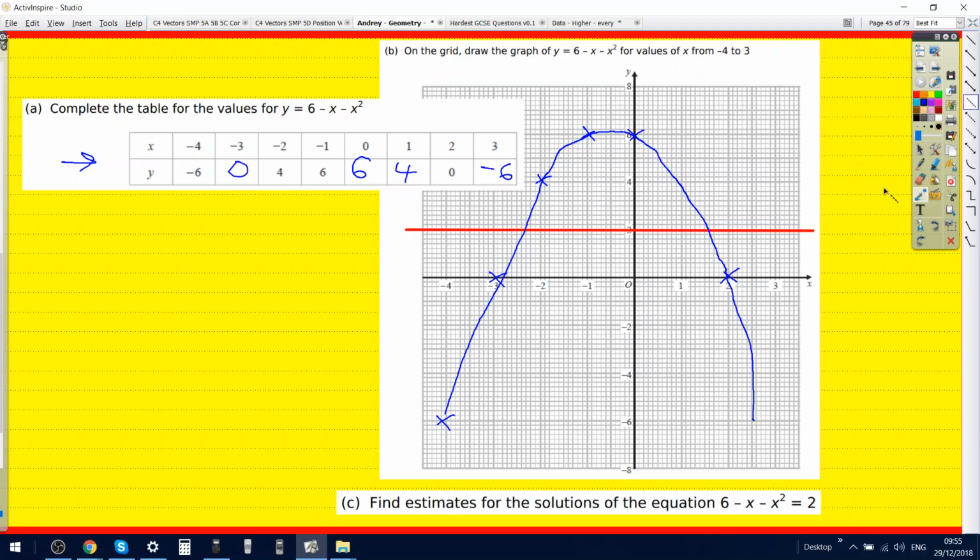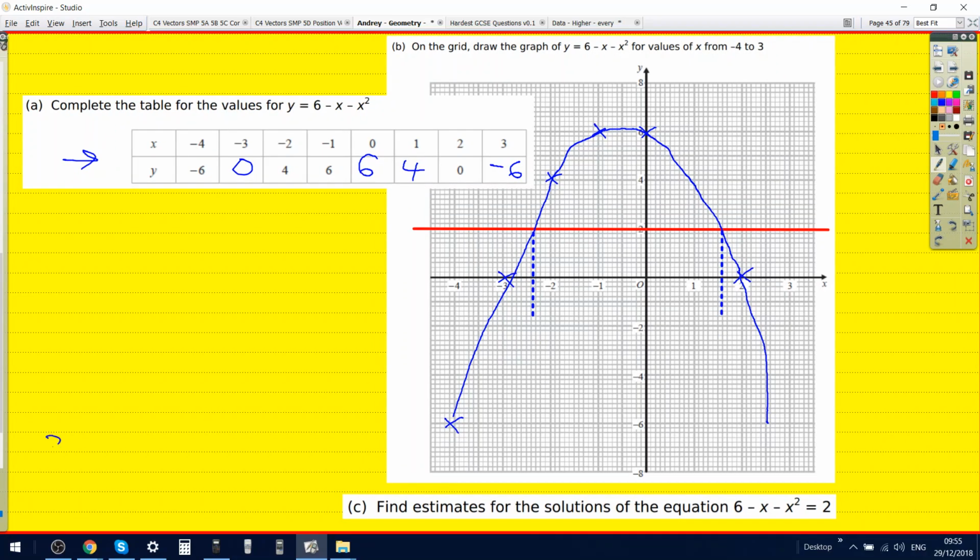And then when you estimate the solutions of the equations, so for y=2, you see where it hits the point, and then you go down. Yeah. And then you'd say, like, x is 1.5 or -2.4 or something, or x equals 2.5, something like that.